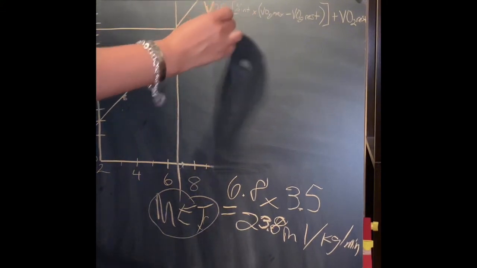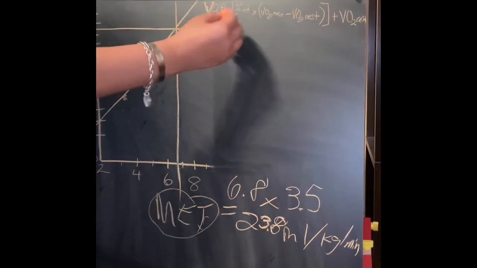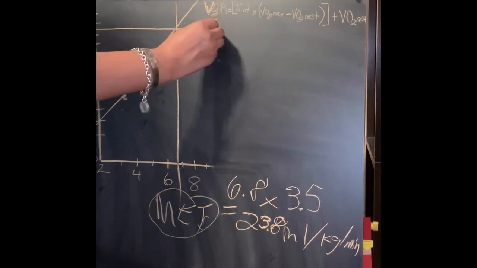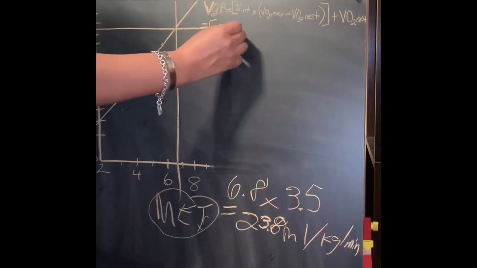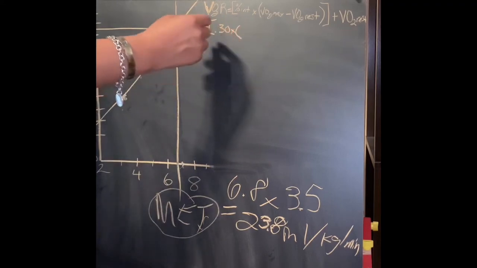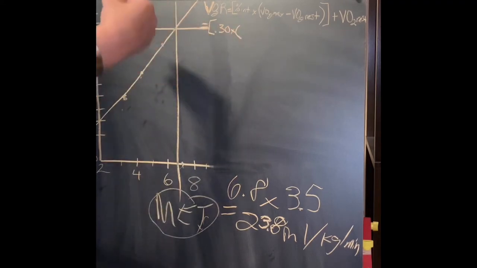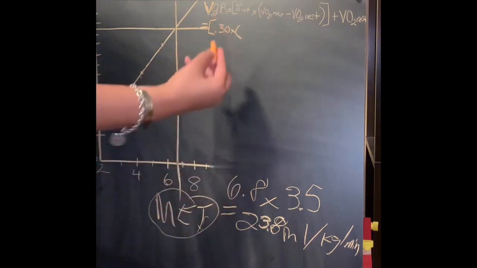All right, so exercise intensity, whenever you're doing percents in calculations, you change it to a decimal. So that's going to be 0.30 for the 30%, so 0.30 times VO2 max. Now remember, the VO2 max that we determined using the graphing method was 6.8, because we're working in METs right now.